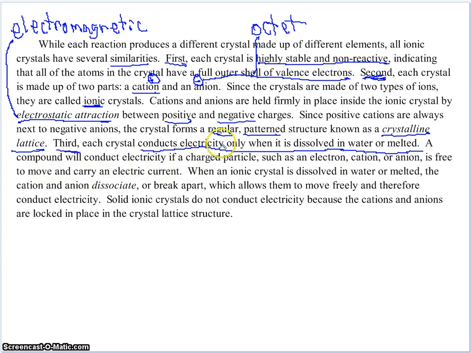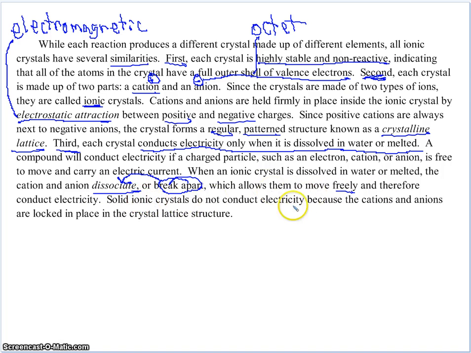A compound will conduct electricity if a charged particle, such as an electron, cation, or anion, is free to move and carry an electric current. Okay, so stuff has to move to conduct electricity. When an ionic crystal is dissolved in water or melted, the cation and anion dissociate or break apart. Ha! I was right. Okay, so break apart means dissociate, which allows them to move freely and therefore conduct electricity.